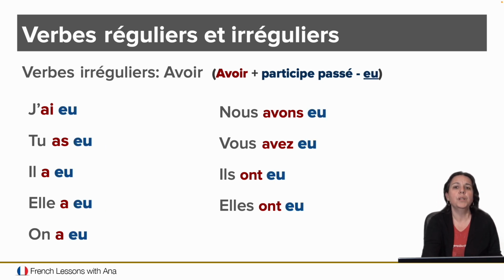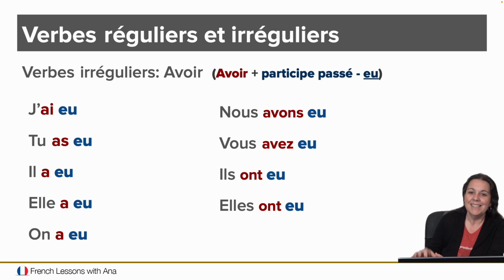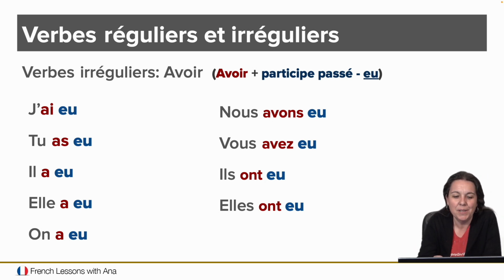So next we're going to look at some of the irregular verbs that take avoir. And avoir takes itself as a helper, okay? What does that mean? It means that the verb avoir by itself means to have. In order to say had, I had, you had, he had, you need the verb avoir in the present tense, and you need the verb avoir to change into the past participle, okay? Which becomes eu. Why?